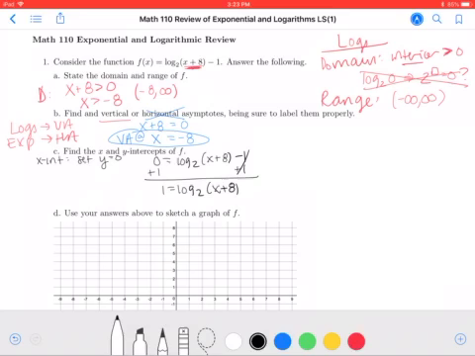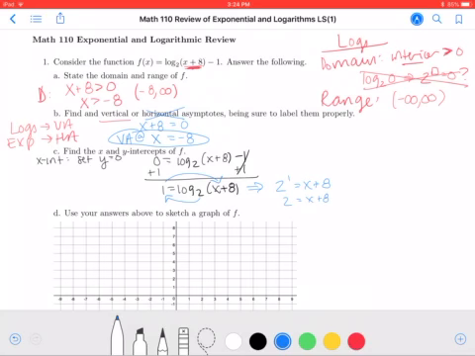Why not? Well, when logs get tricky, see if you can convert them to exponential functions. And in fact, if I rewrite this in my little Ferris wheel way as 2 to the power of 1 is equal to x plus 8, now I have x out of the interior of the log and a pretty simple algebra problem to solve, because this is really 2 is equal to x plus 8, and I can solve that for x, no problem, right?